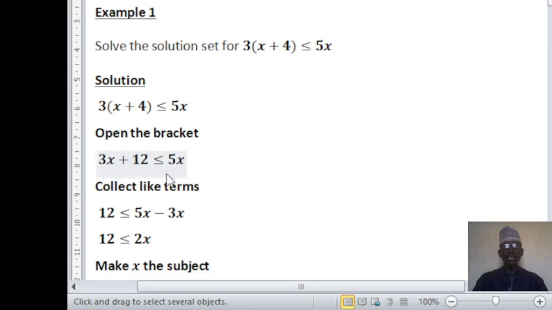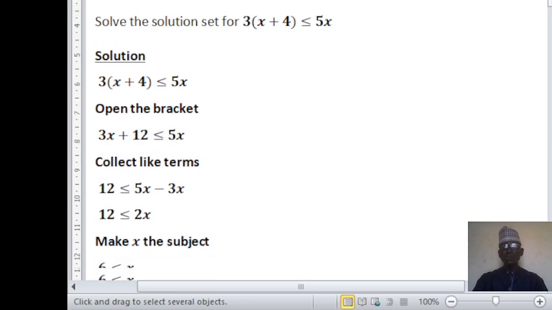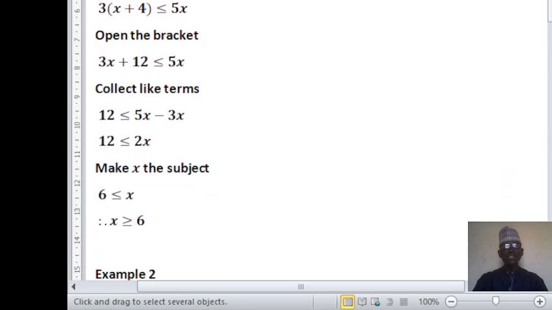Then you have 5x minus 3x. If this 3x crosses to the other side, your plus will change to minus. That is the reason you have 5x minus 3x here, leaving your 12 at the other end.